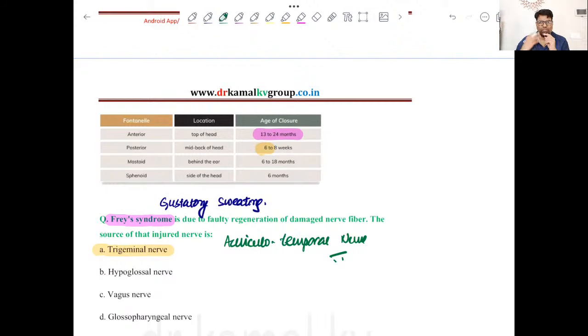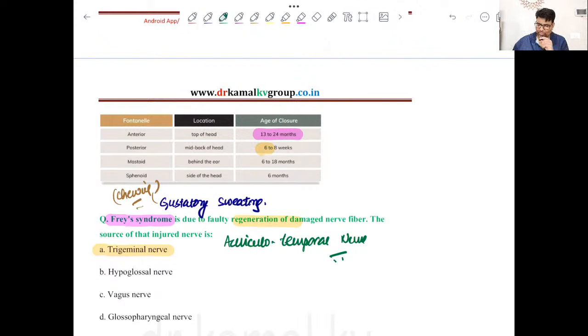So when the patient is eating something, instead of salivary secretion there starts sweating. This is known as gustatory sweating. Gustatory is related to eating food, you can say chewing or eating food. So rather than salivary secretion, there occurs sweating. That is gustatory sweating, and that is a case of faulty regeneration.